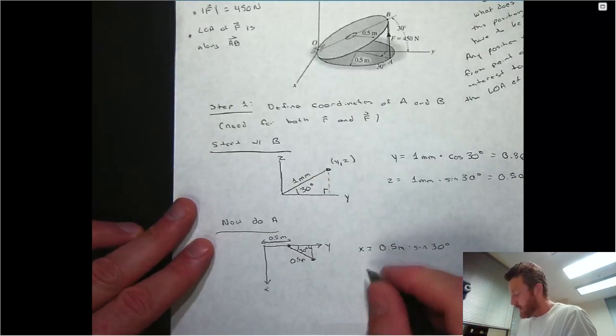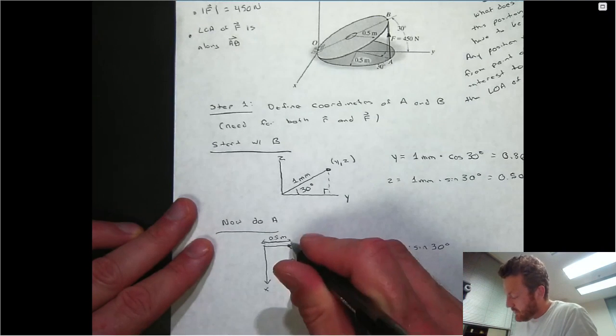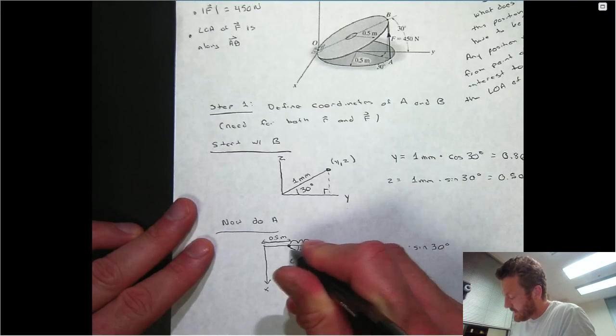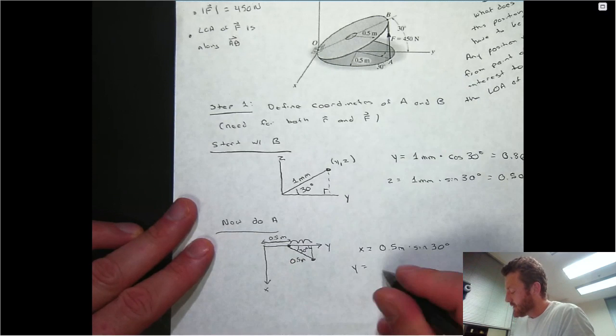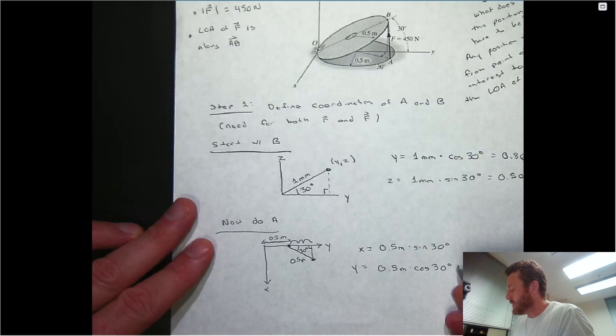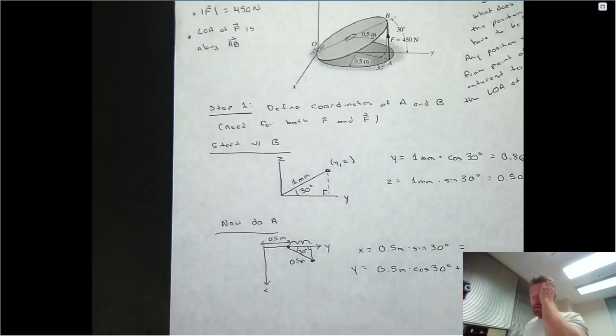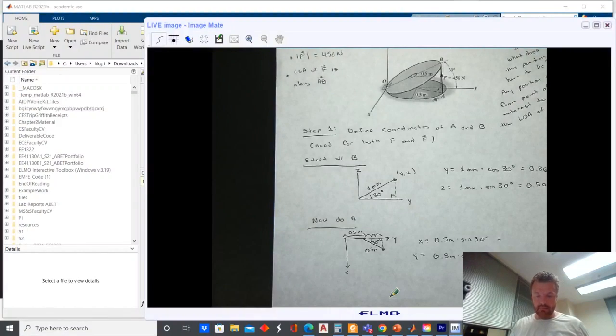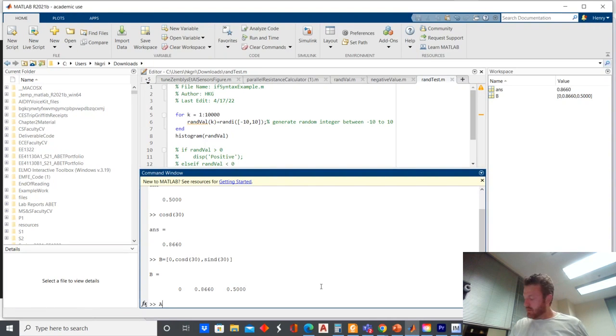However, when we compute the y-coordinate here, the y-coordinate is going to be this base of the right triangle here, which is going to be 0.5 times the cosine of 30 degrees. But we're going to need to add on that additional 0.5 meters from the origin that we started with, based upon the information that we were given. So I'm going to say that A is equal to, and the x component is going to be 0.5 times sine of 30.